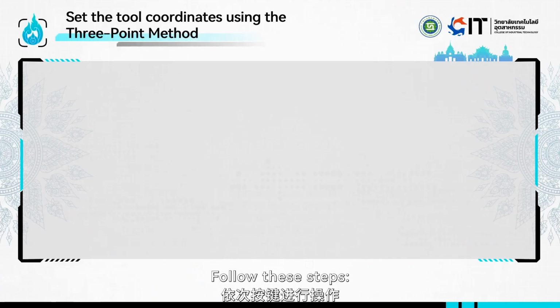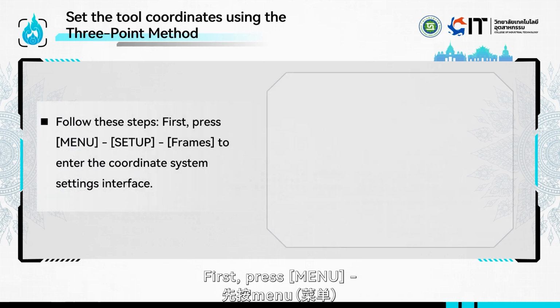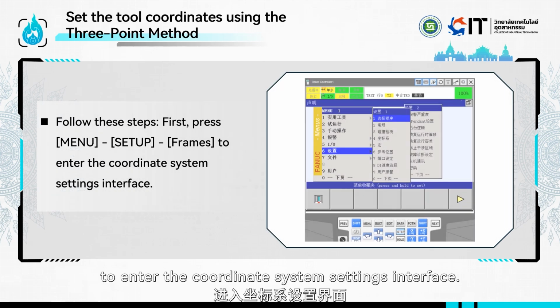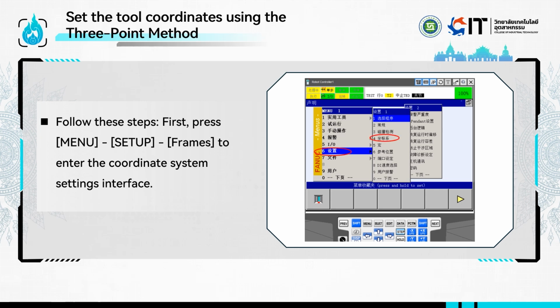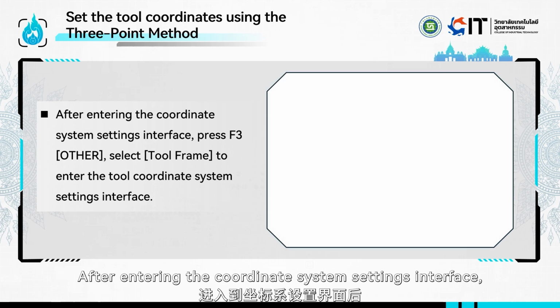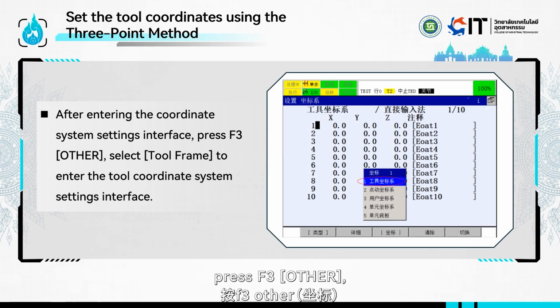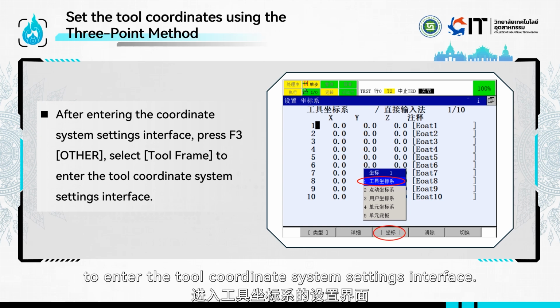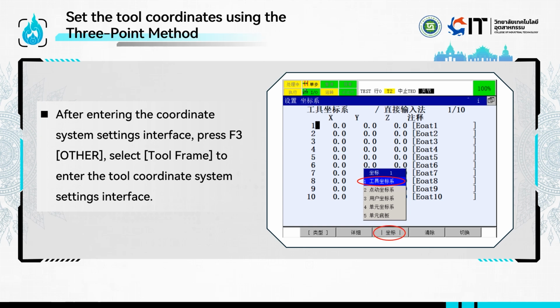Follow these steps. First, press Menu, Setup, Frames to enter the Coordinate System Settings interface. After entering the Coordinate System Settings interface, press F3, Other, select Tool Frame to enter the Tool Coordinate System Settings interface.